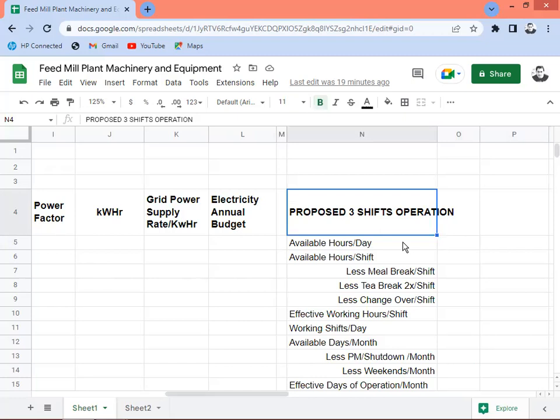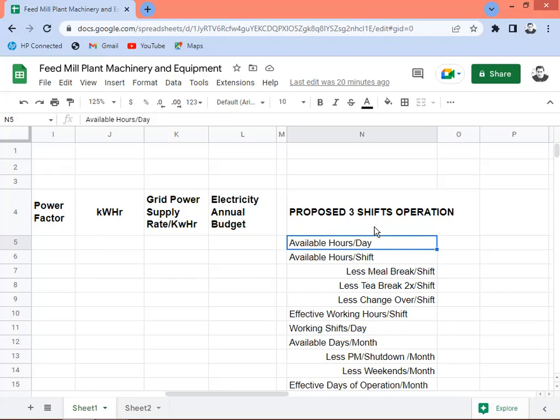Most feed mill plants have a three-shift operation, 24 hours in three shifts, so you're going to have 8 hours per shift. This would be included in our calculations for coming up with the kilowatt hour.